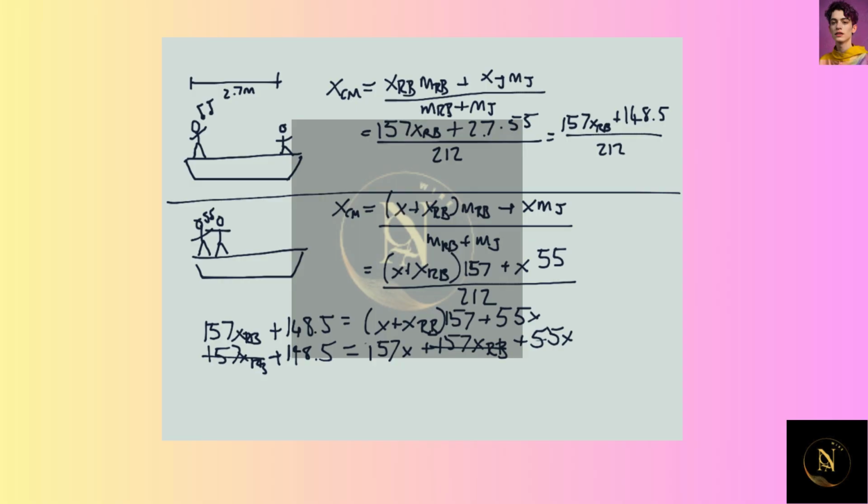And what we are left with is 212X is equal to 148.5 after we combine our like terms of X's on the left hand side of the equation. And then simply dividing both sides by 212 gives X equal to 0.700 meters.